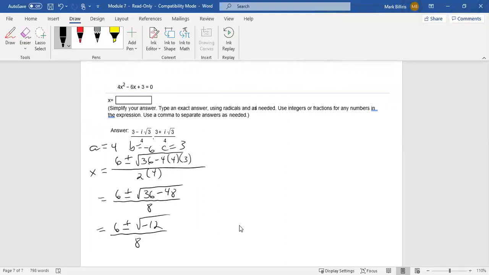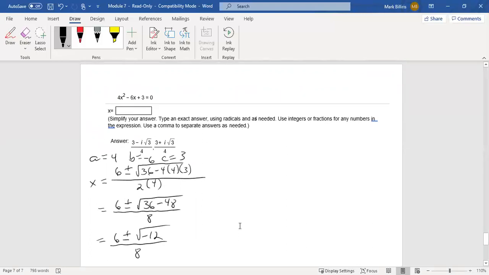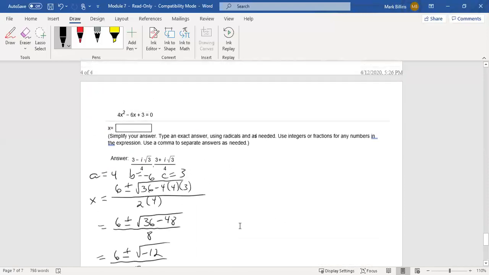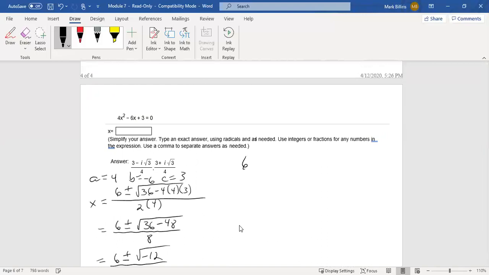So now what we're going to do is simplify, and this would be the same thing as 6 plus or minus i times the square root of 12, which can be broken down to the square root of 4 times the square root of 3, all over 8. The square root of 4 is 2, so we write 2i square root of 3 over 8.